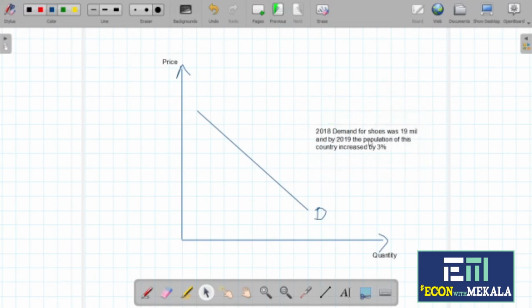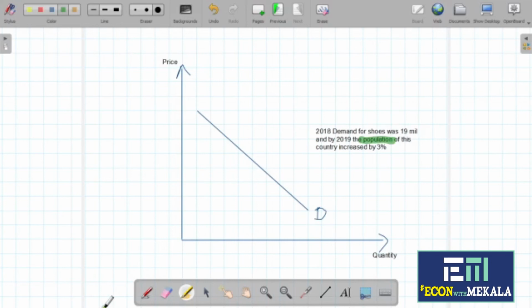So if you look at this small case study, in 2018 demand for shoes was 19 million if you look at the total market demand for shoes. But by 2019 the population of this country has increased by 3%. So if you look at population, it is a determinant of demand, or else we call it one of the conditions of demand, a factor which can influence the demand.